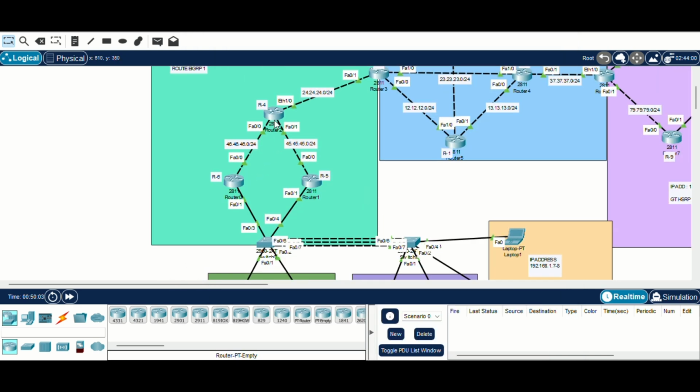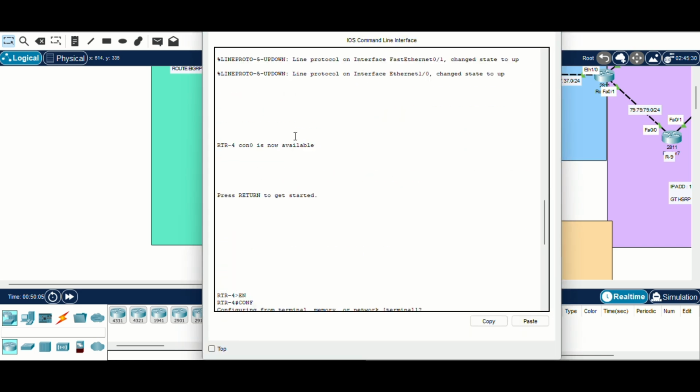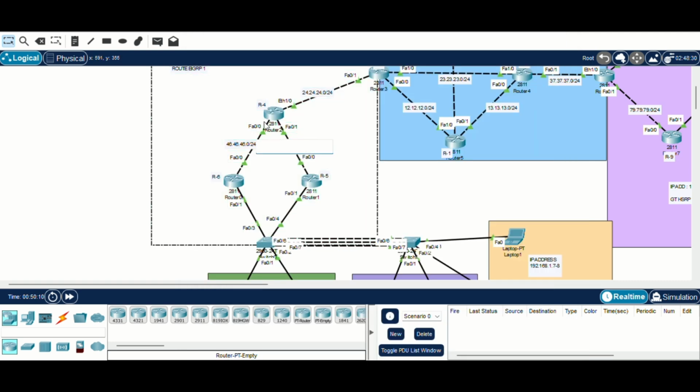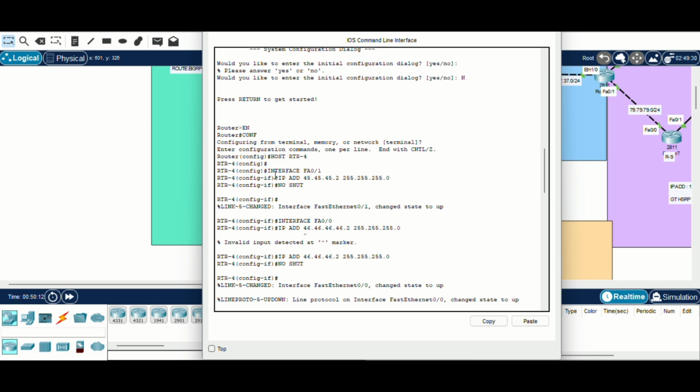And for the next you go to router 4, sorry. For that you make the interfaces connected to router 5 and 6: interface 1 connects to router 5 and then interface 0 connects to router 6.